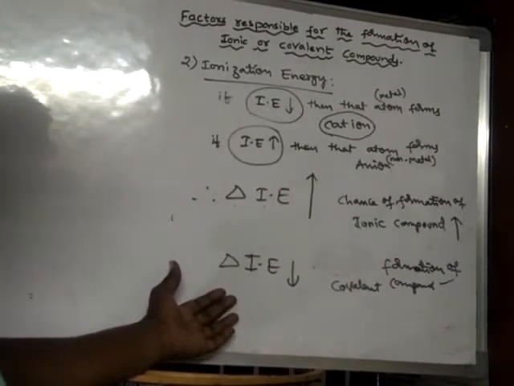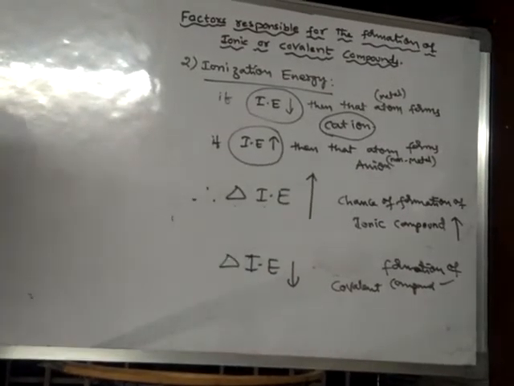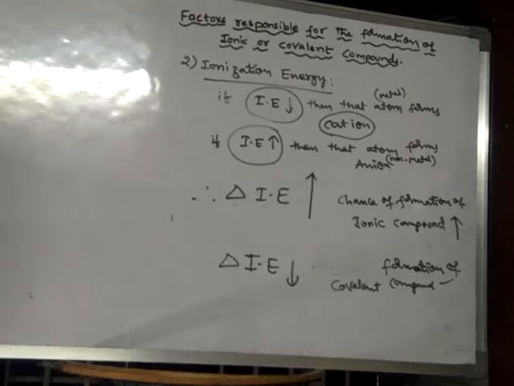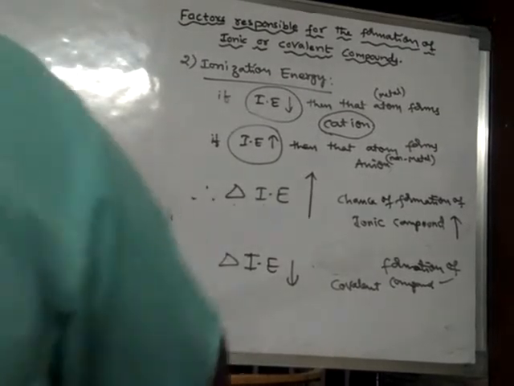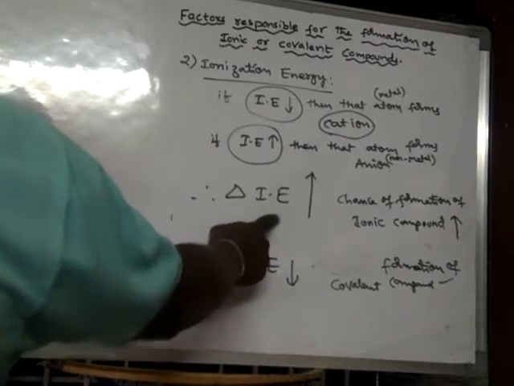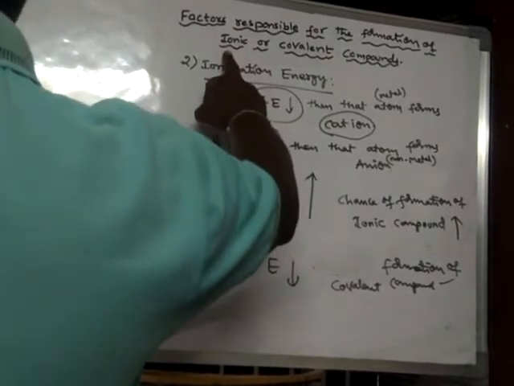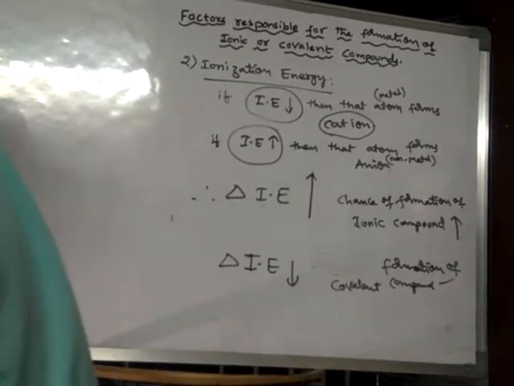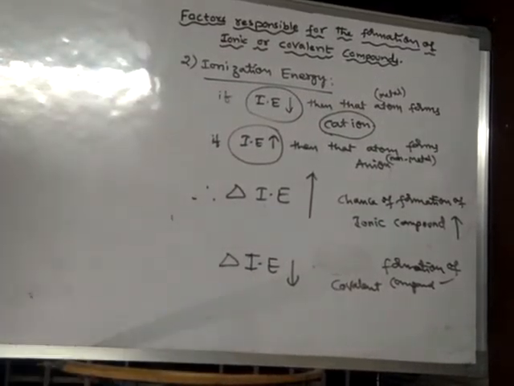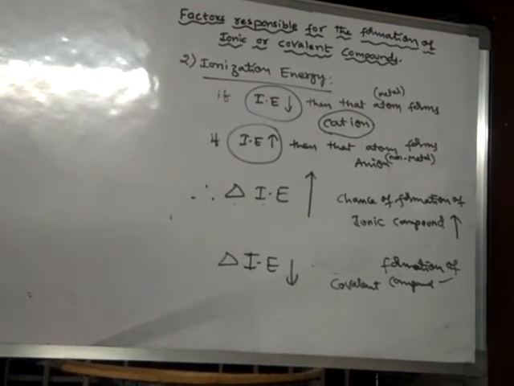Then in such case the formation of covalent compound takes place. Okay. So based on the difference in ionization energy, the formation of ionic or covalent compound takes place. So ionization energy is another factor which will decide whether to form ionic compound or covalent compound.